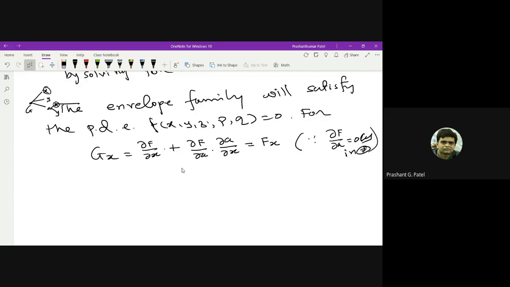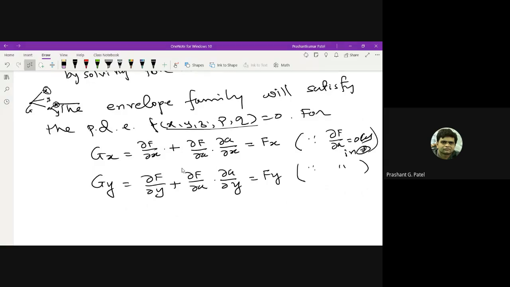So that just gives you f_x. In the same way, g_y is del f by del y plus del f by del a into del a by del y, equal to f_y. Again the same argument applies, that F_a is 0. So g_x and f_x are the same, and it will satisfy our differential equation.